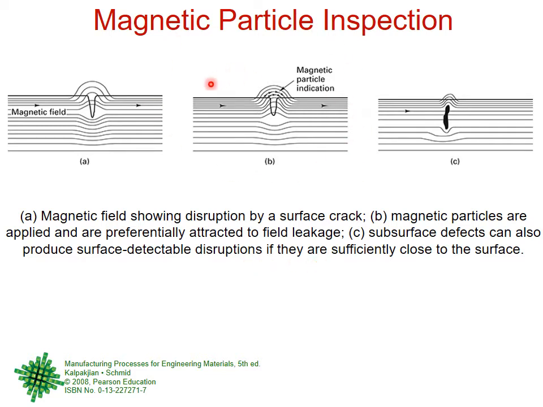So in effect, what is the technique? You coat the area with some very fine particles which can be magnetized. Then you put a magnetic field around it. Normally all the magnetized particles will arrange along the magnetic fields, but wherever there is a crack or a flaw, they will show separately. So this is magnetic particle inspection, MPI.